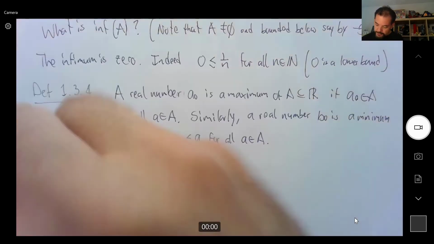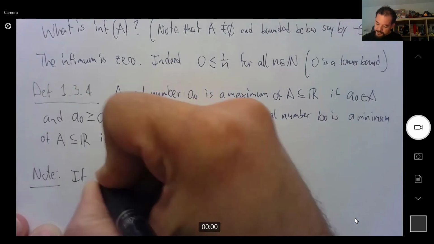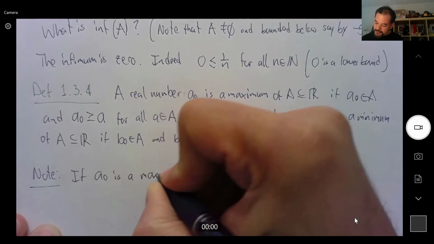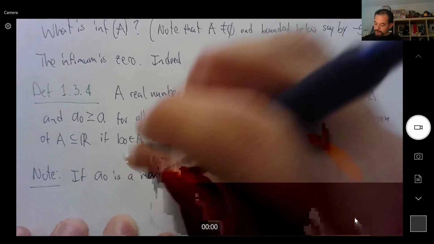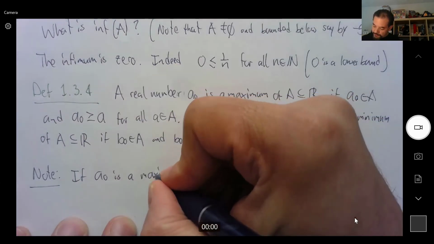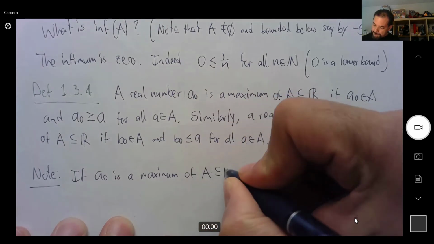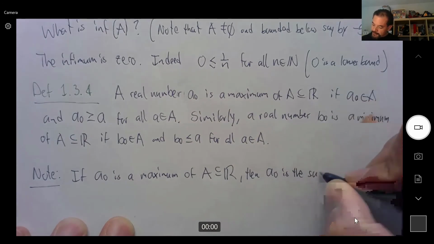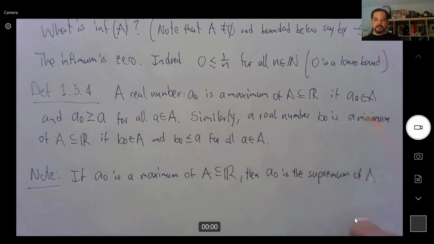So note, if A0 is a maximum, now I'm saying a maximum, but it should be the maximum, but that's something you need to argue, that there is only one, of A, then A0 is the supremum of A. If a number is the maximum, then it's automatically the supremum.